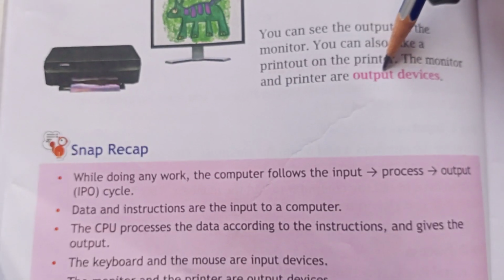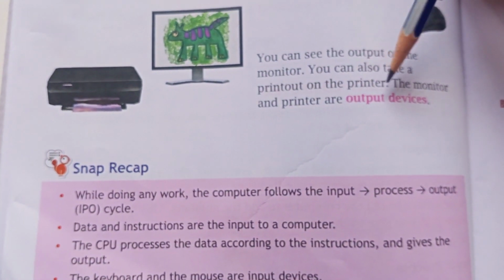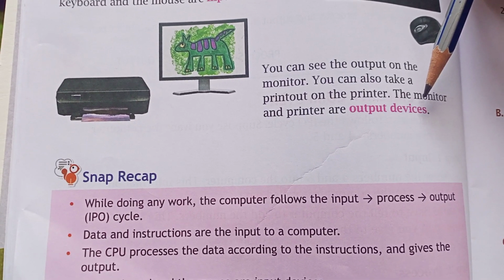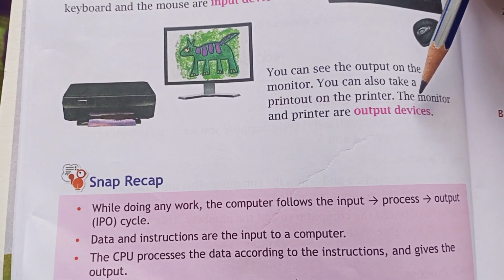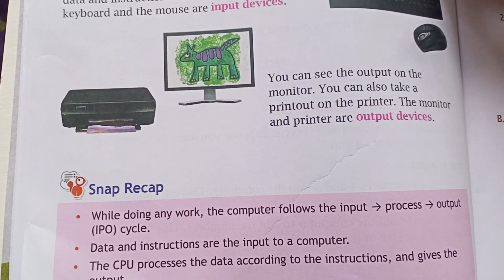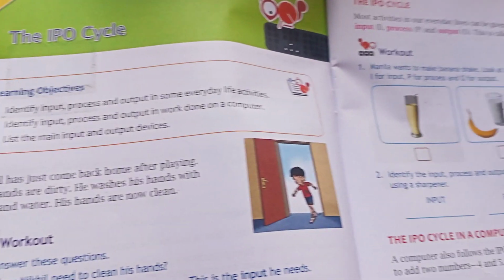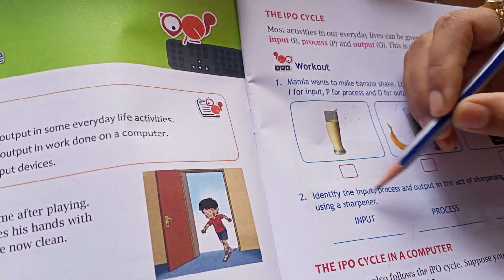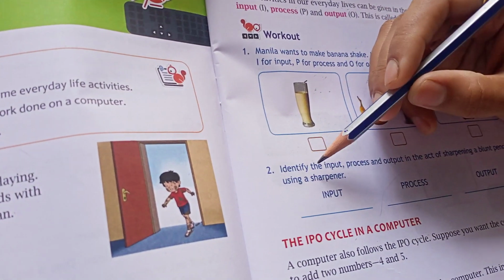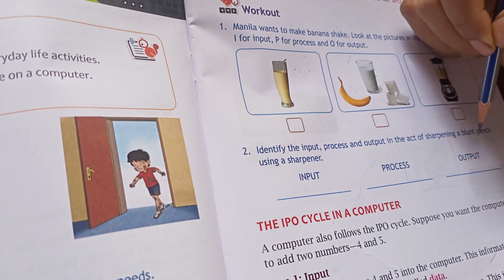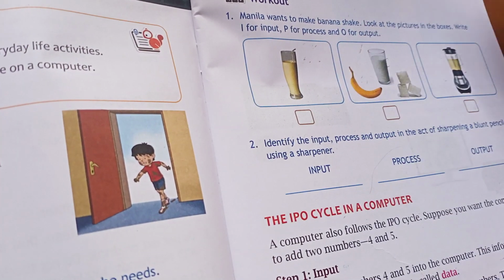So I think up to here your concept is clear. That day you did not answer the question I gave you, example number 2. So I hope today you will give the answer. Number 2: identify the input, process and output in the act of sharpening a blunt pencil using a sharpener.